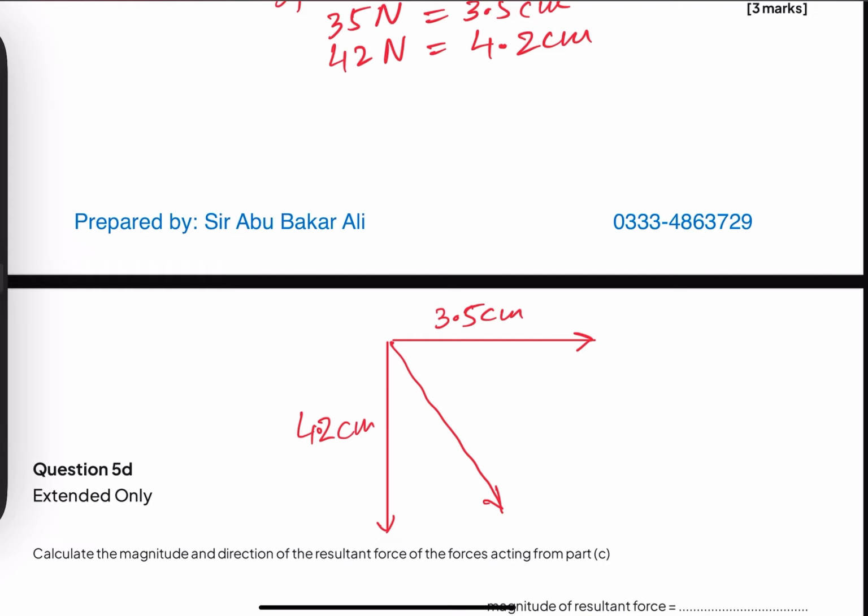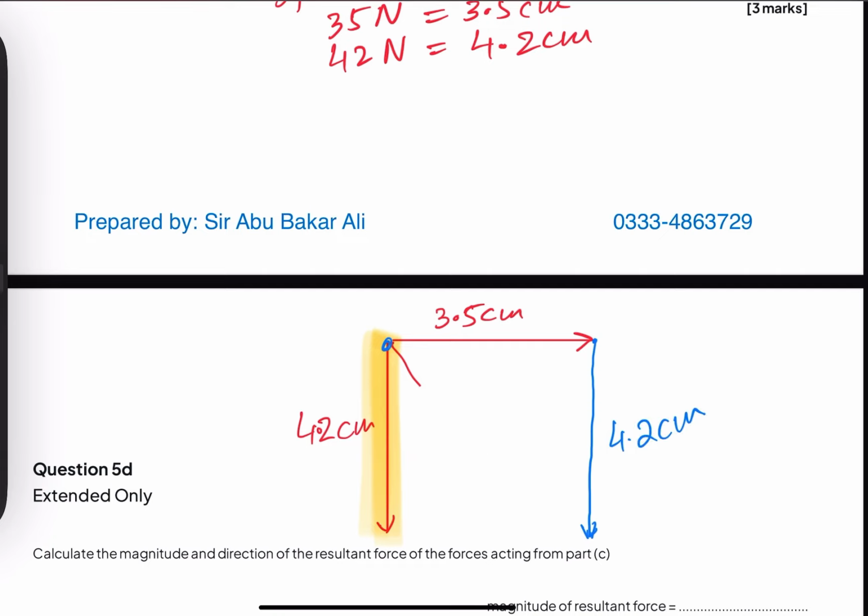We can also use the head to tail rule. In the head to tail rule, we have to place the second vector. Let's assume this 4.2 is the second vector. Place the tail of this second vector on the head of the first, and draw a line in the same direction, going 4.2 centimeter.